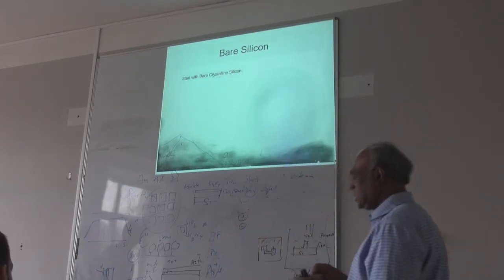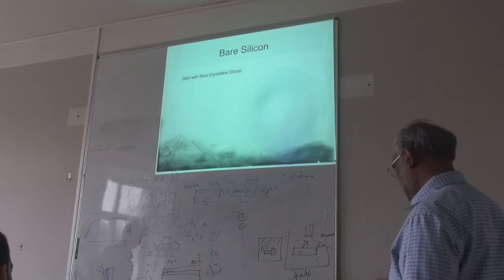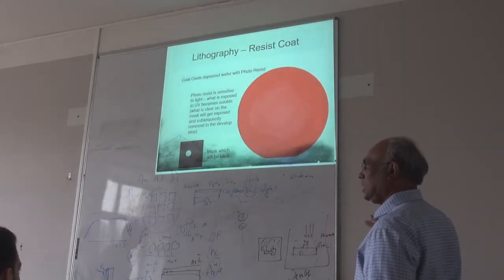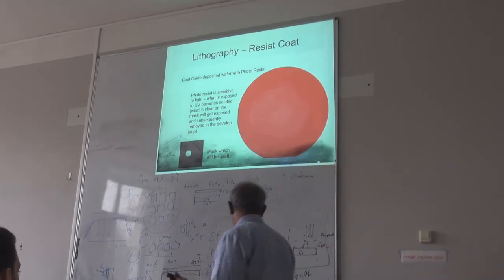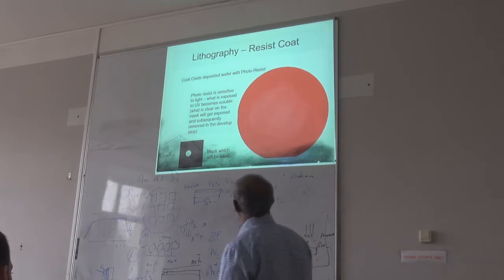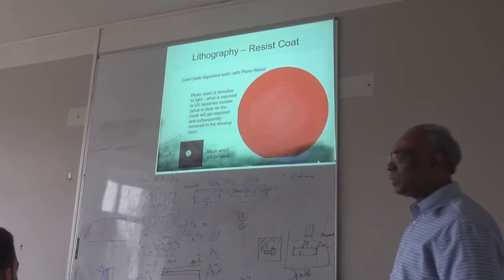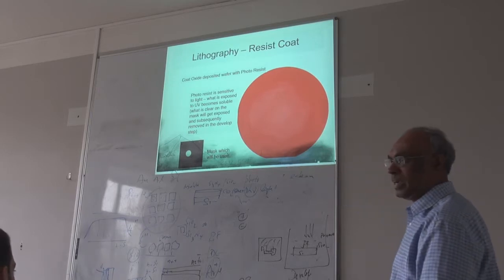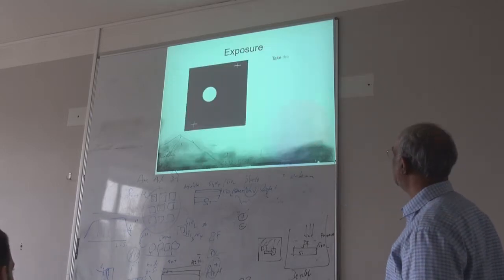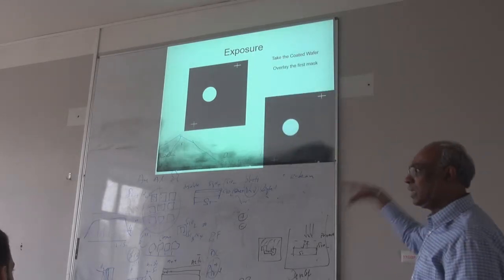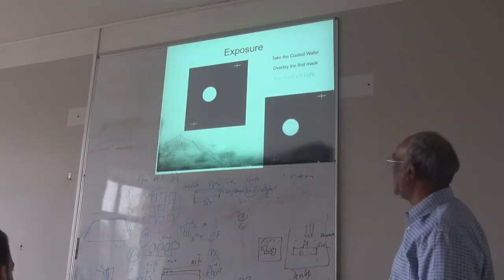Right now, I put my photoresist. So that's what this looks like. Then what do we do? We put my mask on that one. Take the coated wafer and put the mask on it.